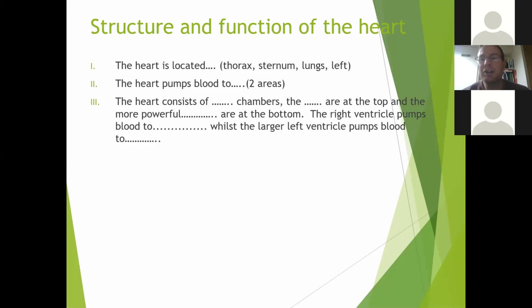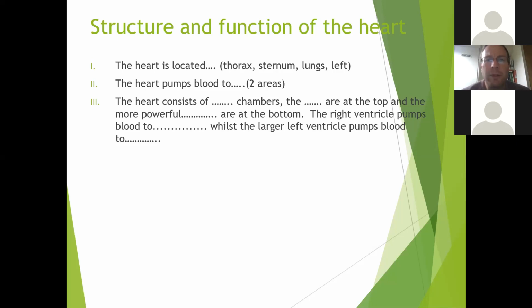So essentially the first bit is asking you to locate the heart. As a minimum, use those 4 words in your description of where the heart is. You're going to say the heart is located, and use the words thorax, sternum, lungs, and left. So this is just a rough sheet of paper. So just practice.